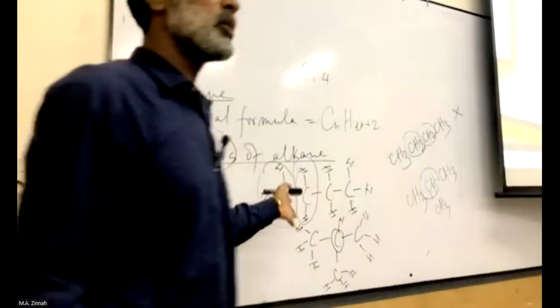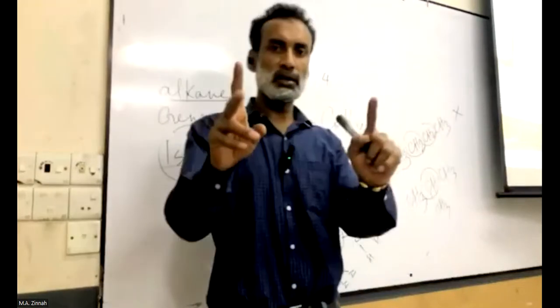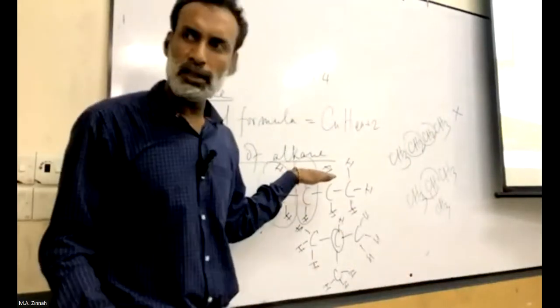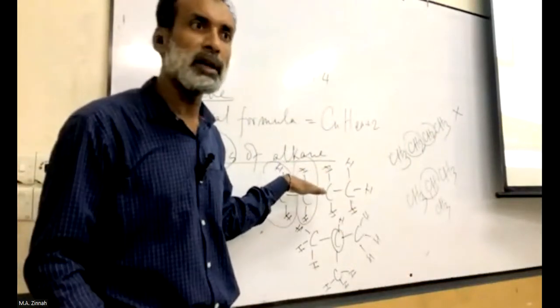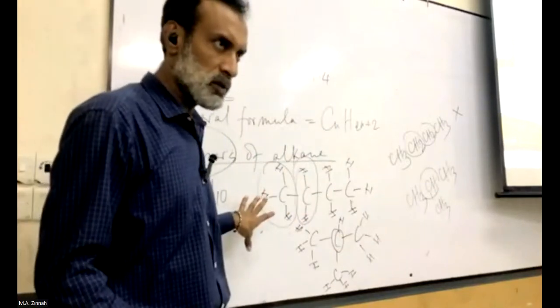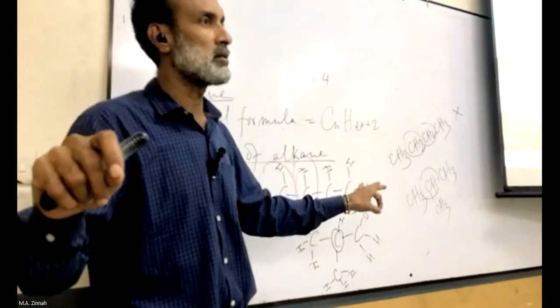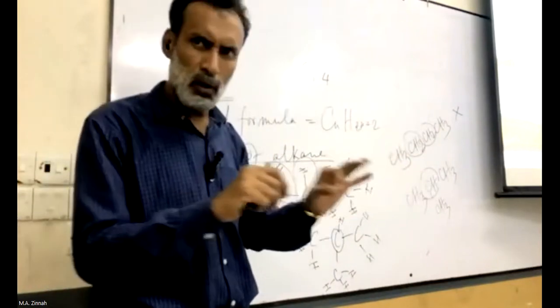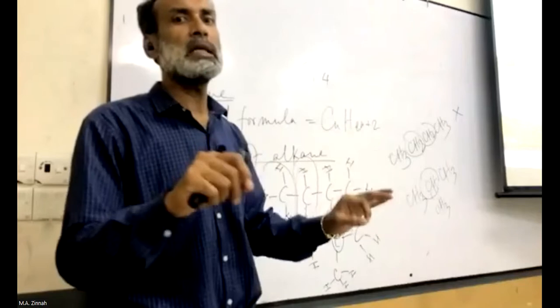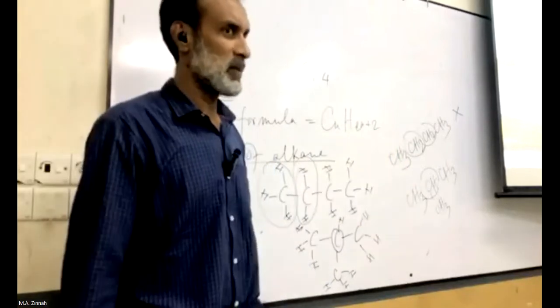So how do we make isomers? How to make an isomer? This is the first isomer. How to write this? Write all the carbon atoms in a single chain. Isn't this easy? Clear?